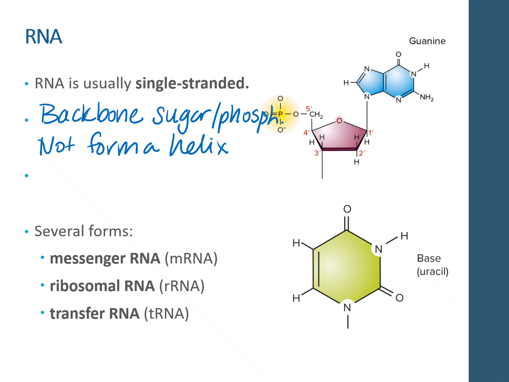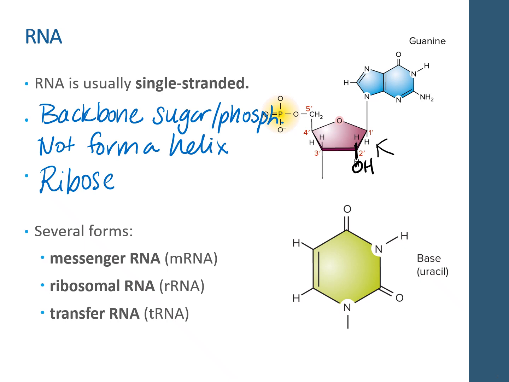A couple other key features of RNA: RNA uses ribose. This image here is actually DNA, so I'm going to draw the hydroxyl group on that. Again, phosphate, sugar, nitrogenous base, but the sugar is ribose with that hydroxyl group there.